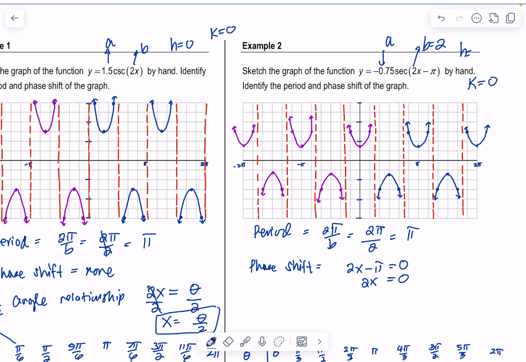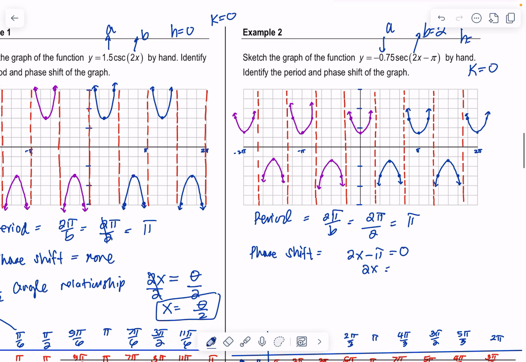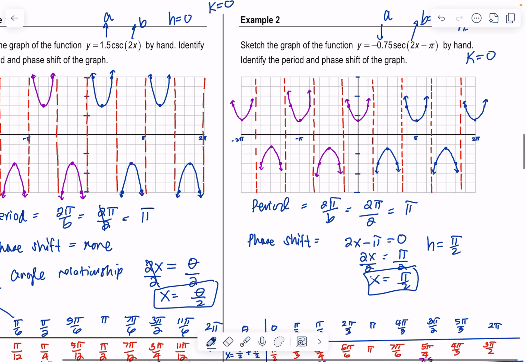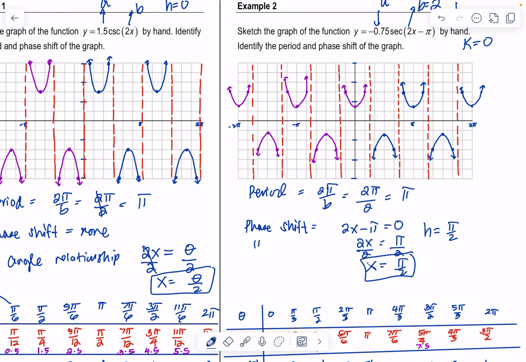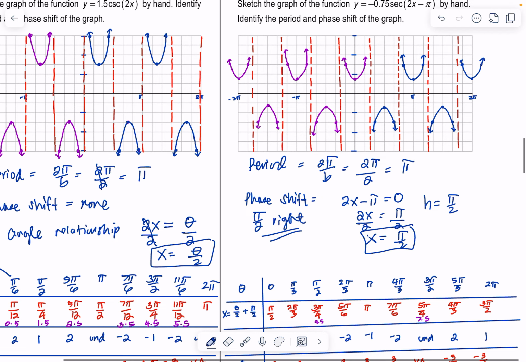Oh, sorry. 2x equals pi, divided by 2, x is equal to pi over 2. So H is pi over 2, meaning our phase shift is pi over 2 to the right. Yeah? So our graph technically starts at pi over 2 to the right of the y-axis. So we're going to take a look at that one later.